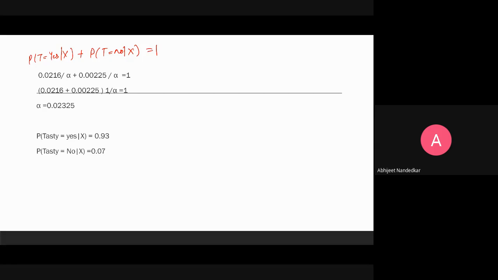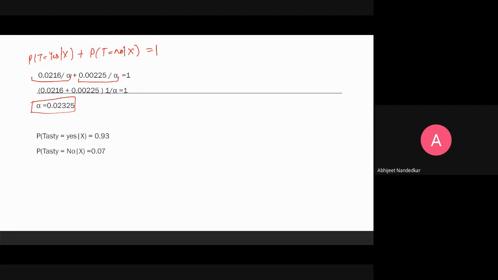So I substitute the calculated probabilities in terms of alpha here, and I equate it to 1. Okay, so this 1 by alpha will be common out, and the alpha is this value.